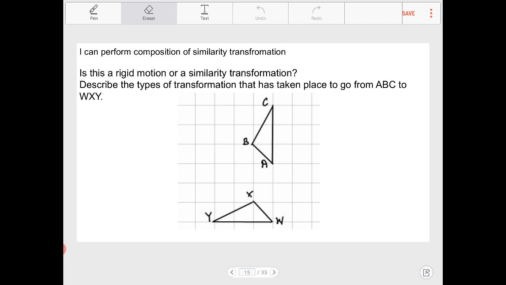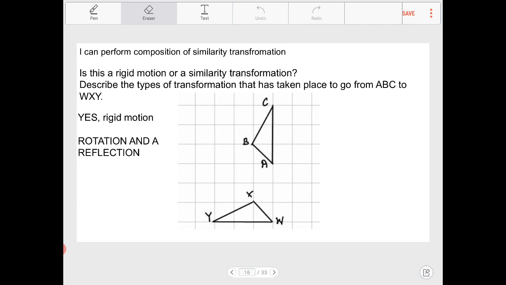Is this a rigid motion or a similarity transformation, and how do you know? In this case, we're going from ABC to WXY. Pause the video to see if you can figure out what's happening here. Welcome back.